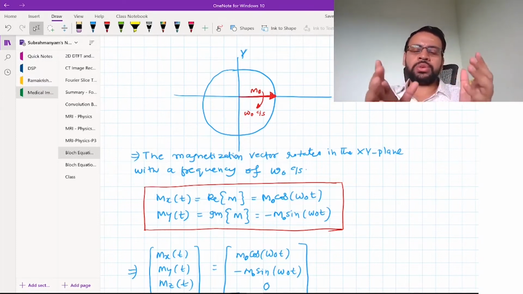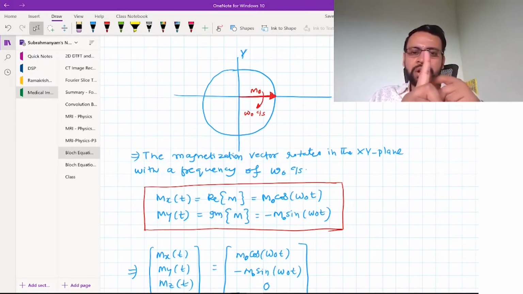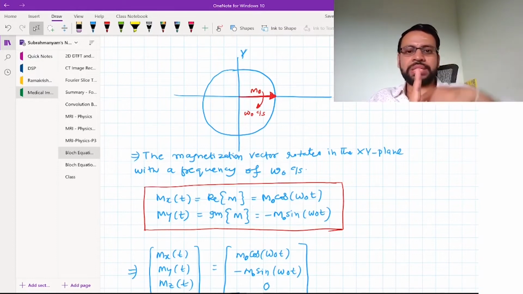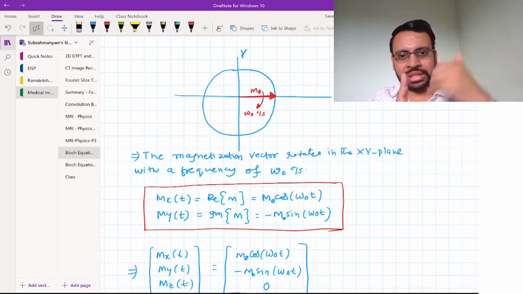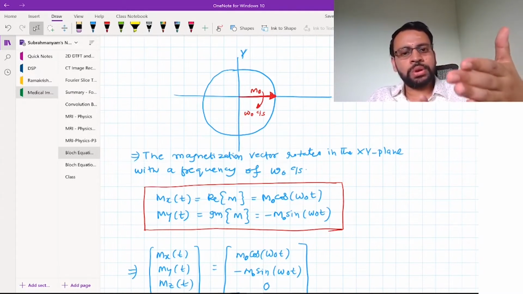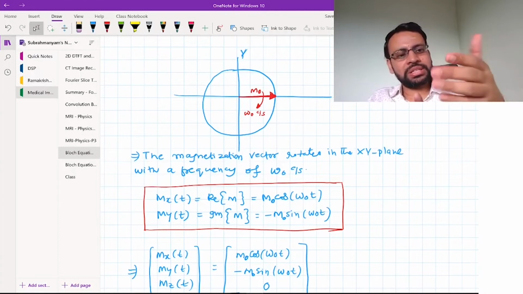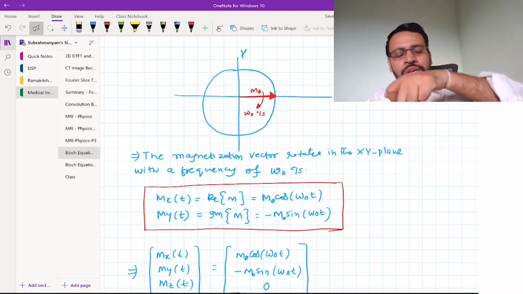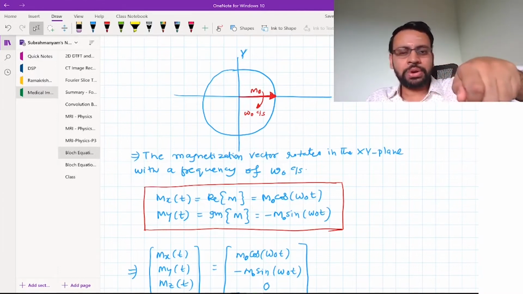Again, notice this is rotation around the z axis, right? Our third assumption was that we have it along the x axis. If it is not along the x axis, all that makes a difference is that the initial vector would keep rotating with a value of omega naught.